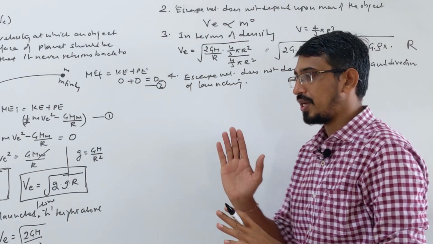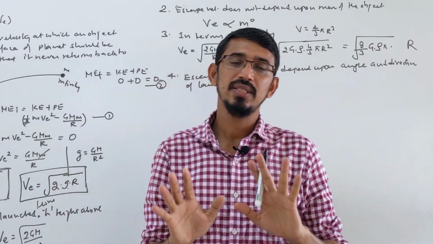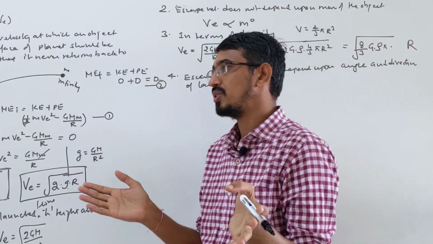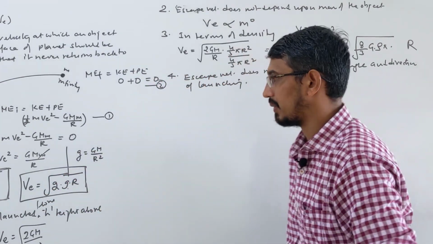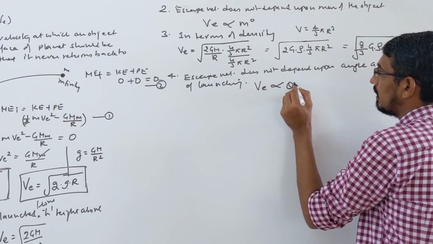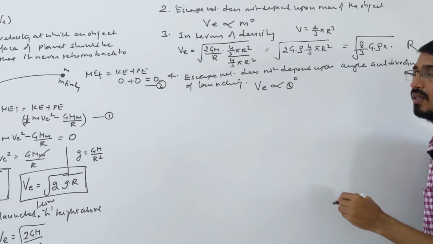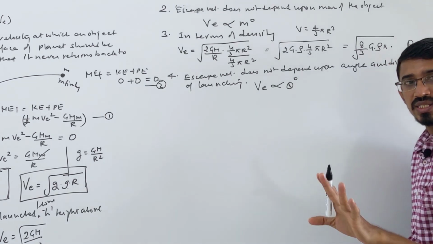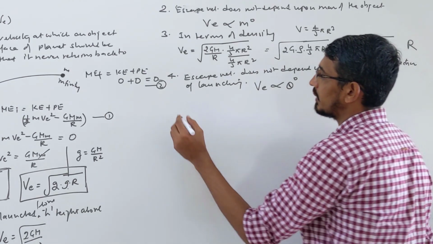Whether you launch straight upward or at some angle, it does not depend upon that. And whichever direction you launch, east, west, north, south, it does not depend. So if they ask in an exam how escape velocity depends upon angle, you write it does not depend, and direction also. Okay. Next point.